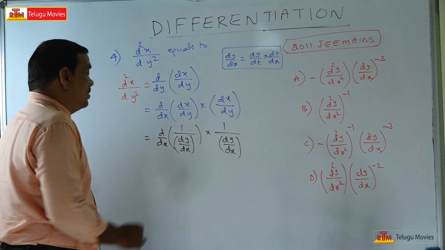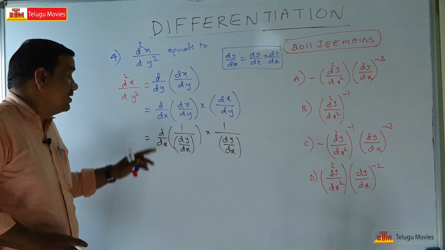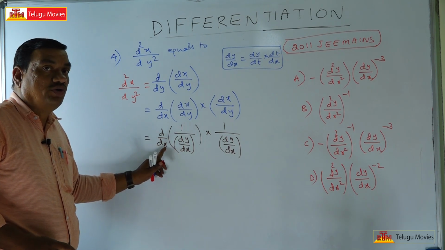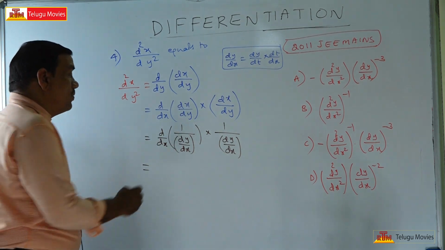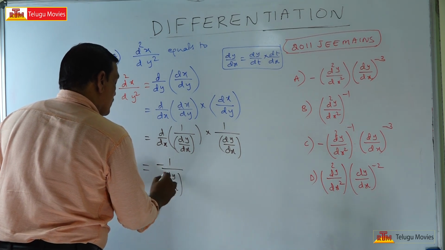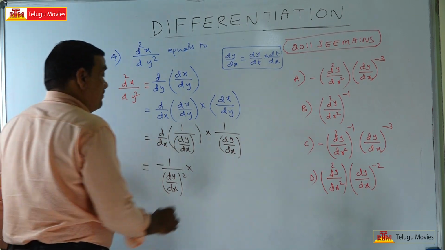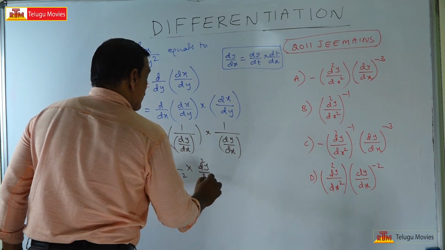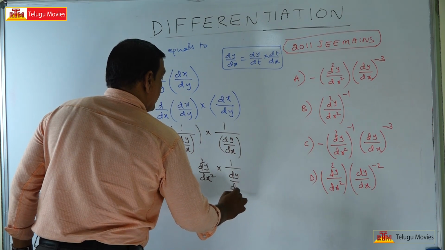Now, what is the derivative of this 1 by dy by dx function? That means here also with respect to x you have to do it. So, this is 1 by x, derivative of 1 by x is minus 1 by x square, into again dy by dx derivative, that is d square y by dx square, into 1 by dy by dx.